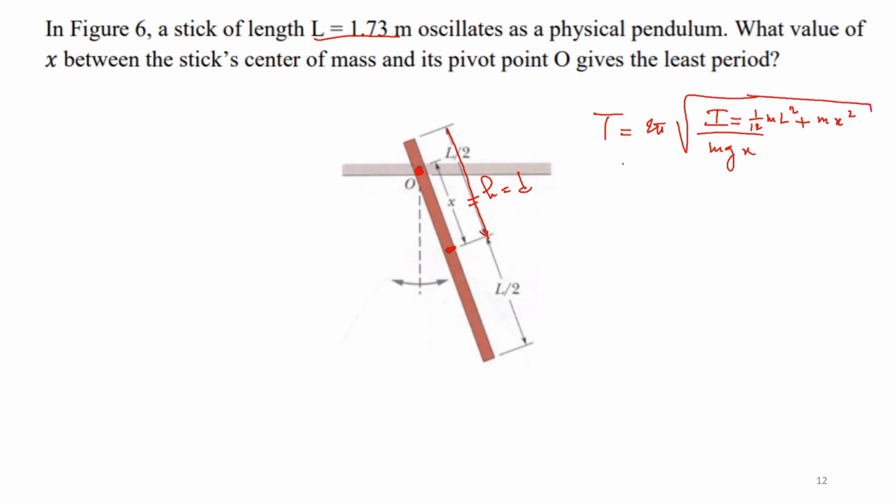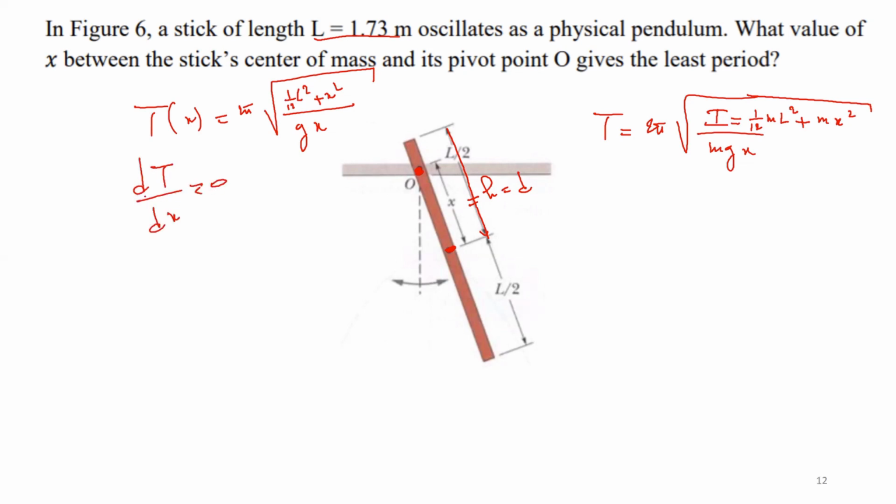Okay, so now I have a formula. So T depends on x. It will be 2 pi square root of, the m will go away, 1/12 of L square plus x square divided by gx. In the numerator I have x, in the denominator I have x. So for the least period, the derivative of T with respect to x should be 0.